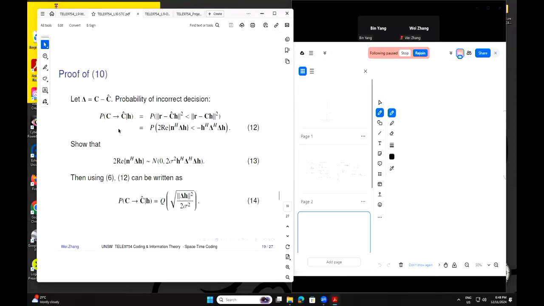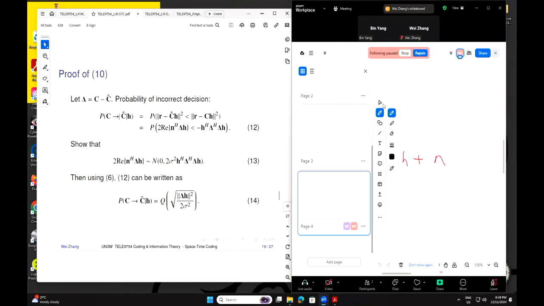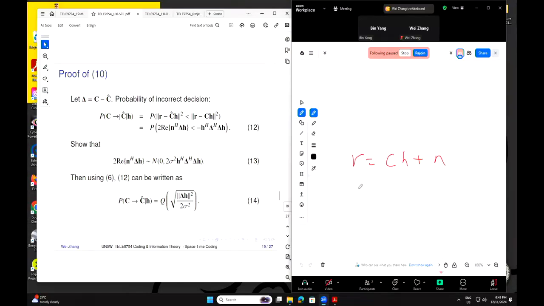So you remember R equals CH plus noise. Yeah, this is the model. I just mentioned, equation 1 or equation 9 is the same, right?